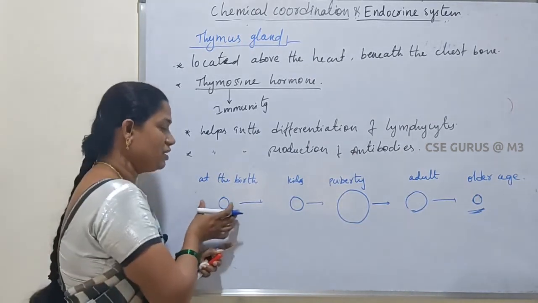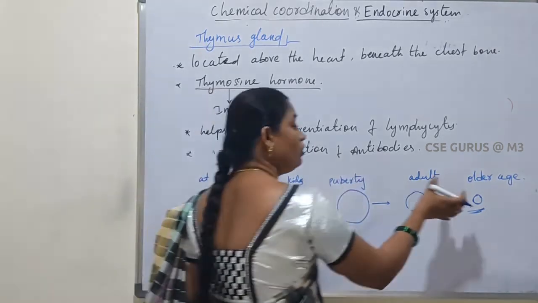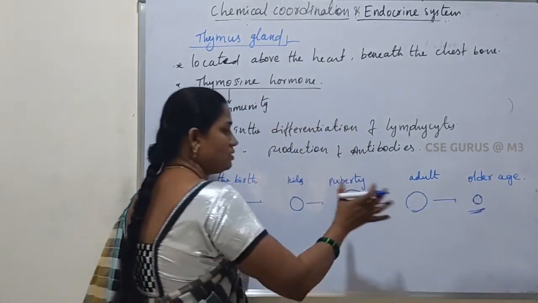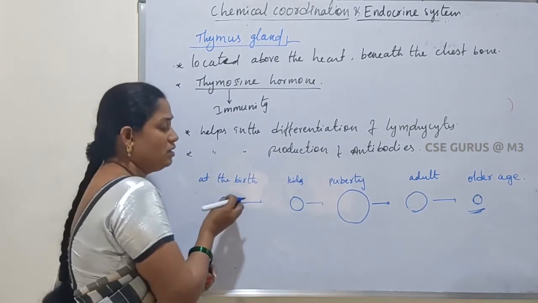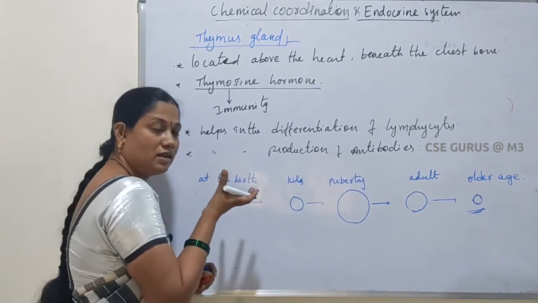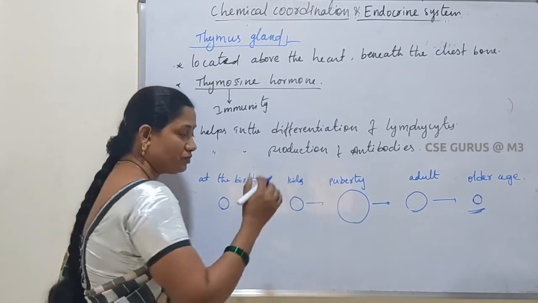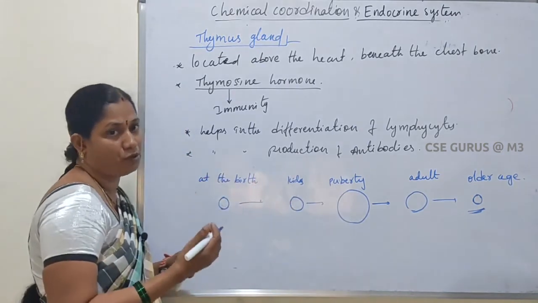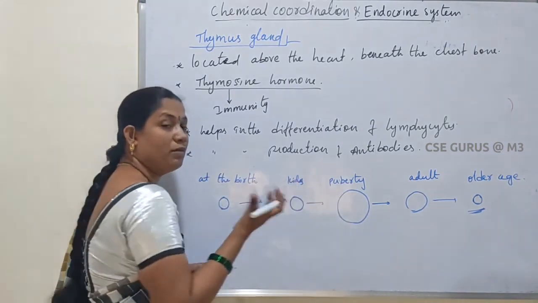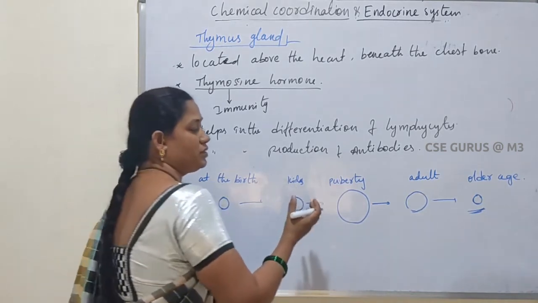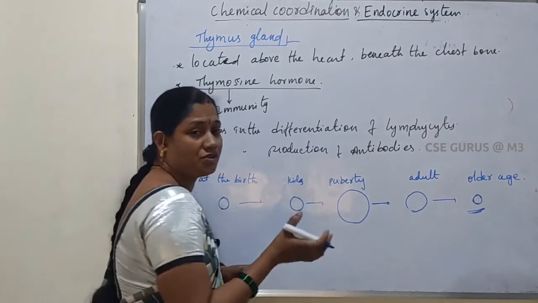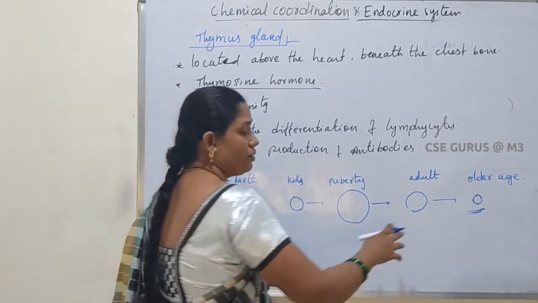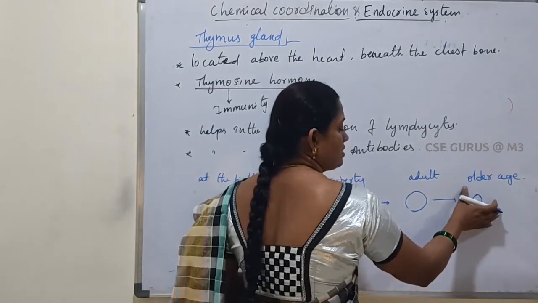Normally at birth and in older people, the size is the same. At birth it is smaller, slowly the size increases, and when persons reach puberty it reaches the maximum size. After that, slowly the size decreases. The degeneration takes place.